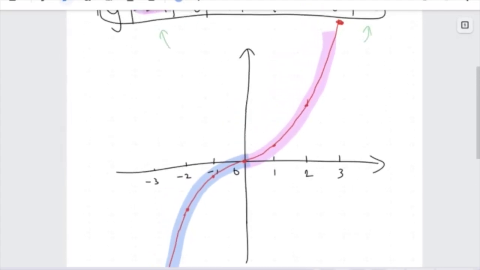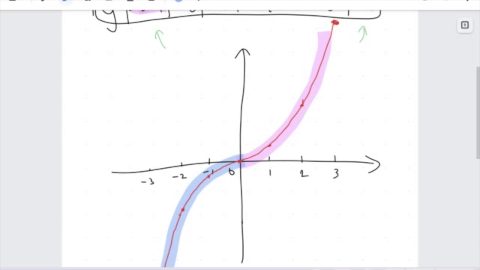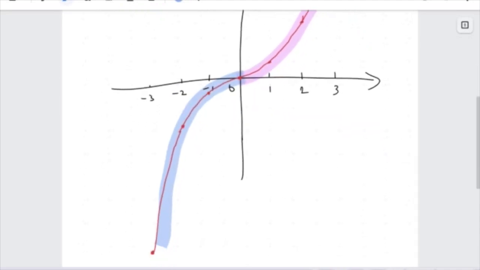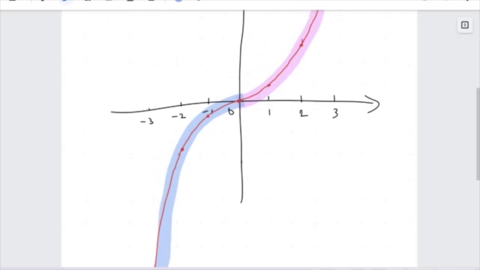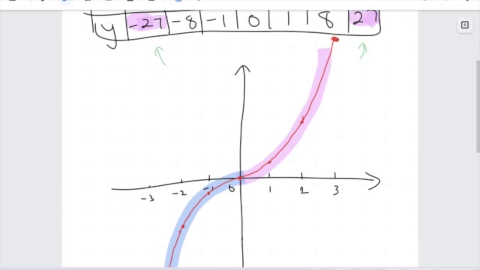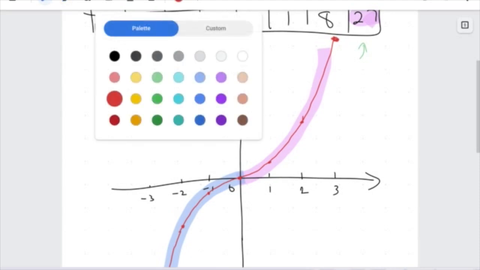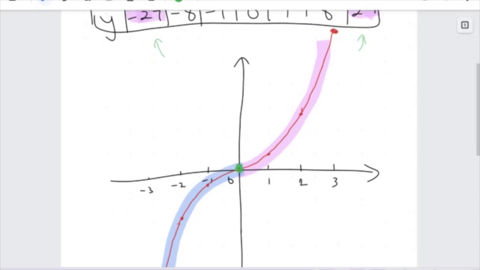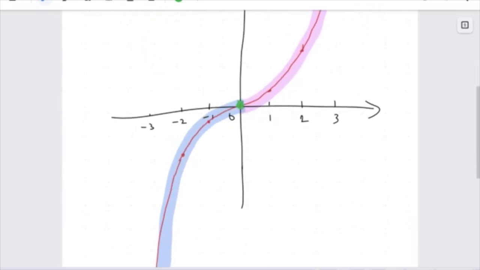So unlike something like the parabola, where we couldn't get negative values because squaring a negative number always gave us a positive, now we can move into the negative end of our xy plane. Now we'll just make an observation about one more thing here. We have this particular section here, which I've tried to shade in as obviously as possible. What happens at this point?